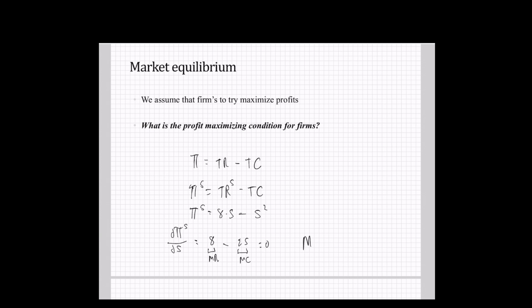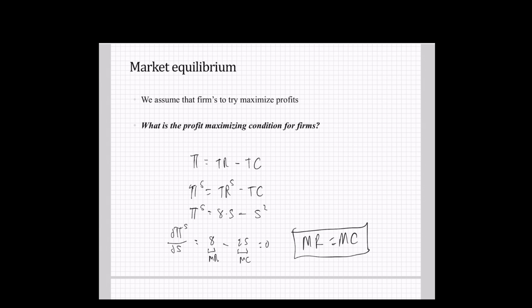And so that profit maximizing condition is the well-known marginal revenue equals marginal cost. All right, so already we can see for the steel firm, this is going to be a simple bit of algebra there.